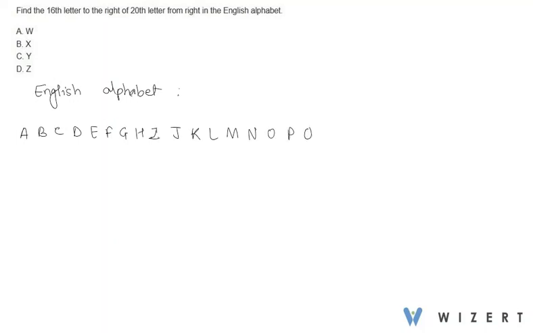So, the English alphabet is as follows: A, B, C, D, E, F, G, H, I, J, K, L, M, N, O, P, Q, R, S, T, U, V, W, X, Y, and Z. So this is the first letter from the right, and this is the 26th letter from the right.